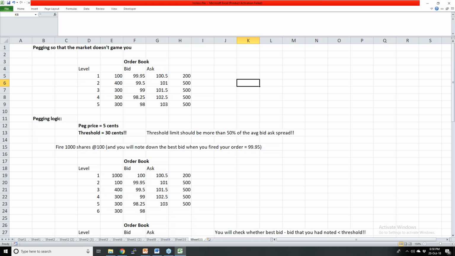Does this discretion work in anything other than HFT? No, it needn't be an HFT order. You can do it for simple algorithmic orders. This trick can work for any order.